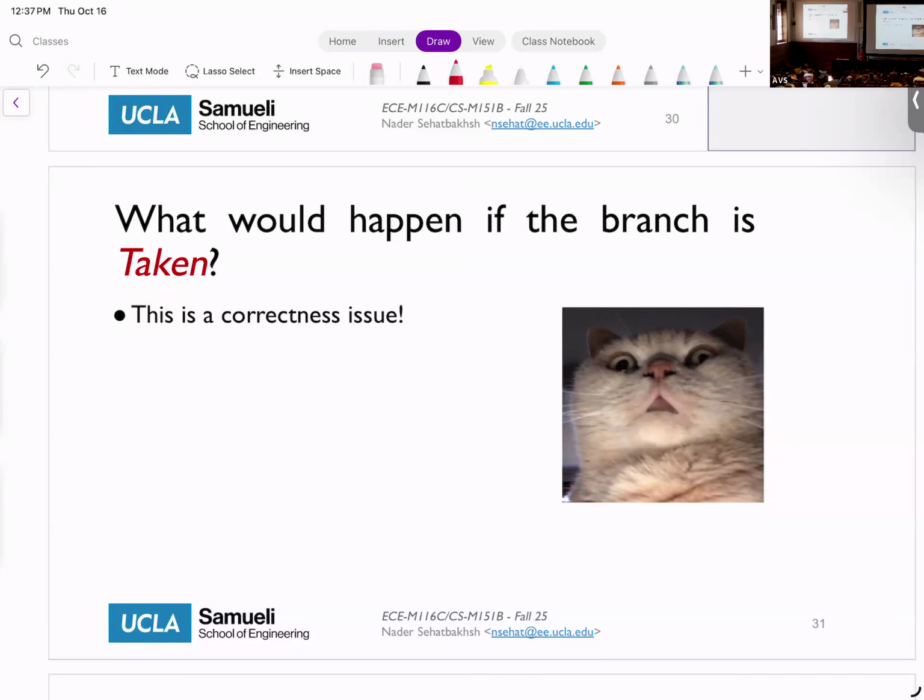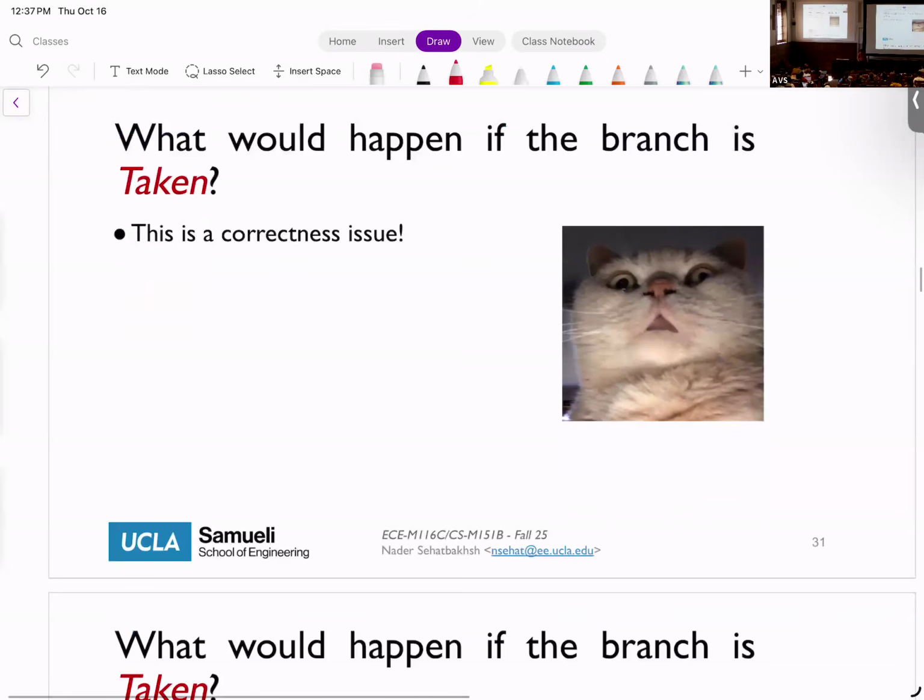You actually need to fix it, because if you take the wrong path, then the outcome of your program is going to be wrong, and the whole thing is broken. So we need a mechanism to fix that. Let's talk about that mechanism first, then I'm going to show you how to improve the branch prediction accuracy.